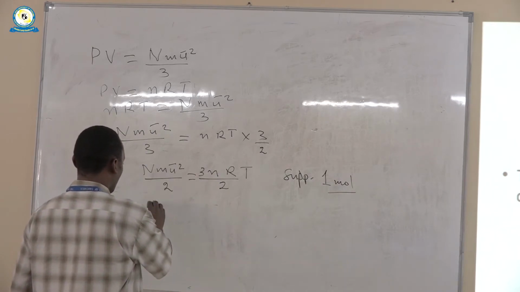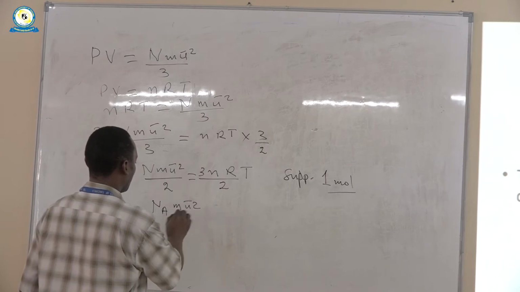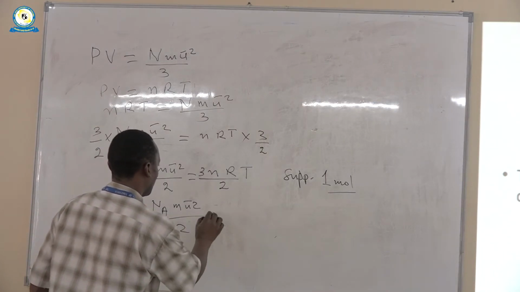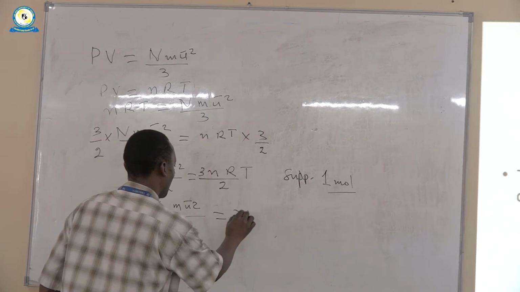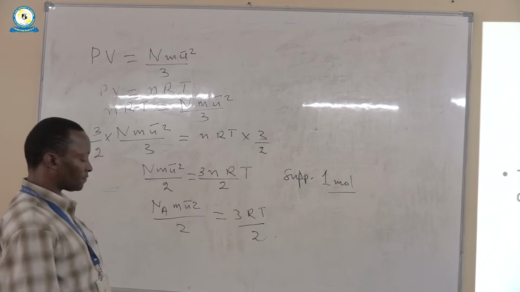Here we will have the Avogadro number, N_A, and the right side is 3RT over 2.